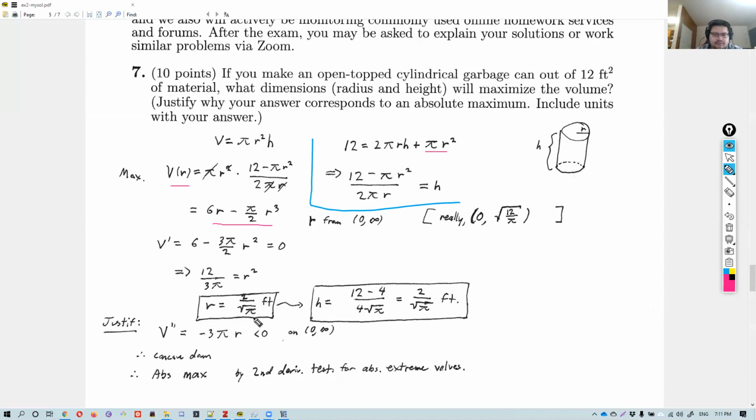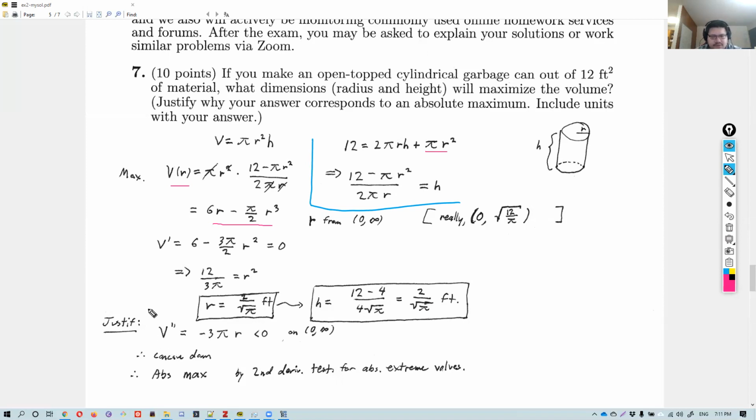So you get 2 over root pi feet as being the value for r that you expect would maximize this volume. And then you just have to check it. I also calculate what the h value is. So you just take this value, plug it into the relationship from r to h to get the h value. So h is also 2 over root pi.